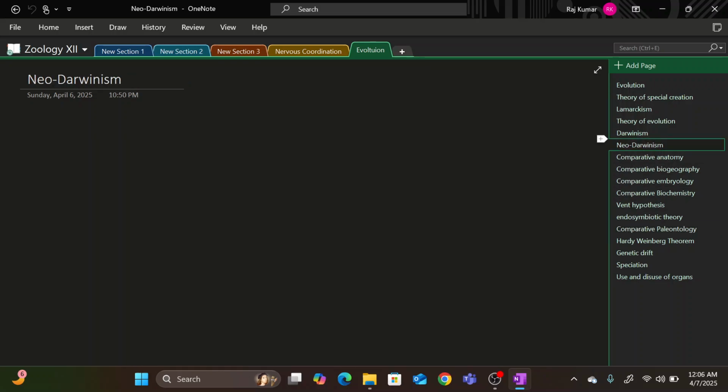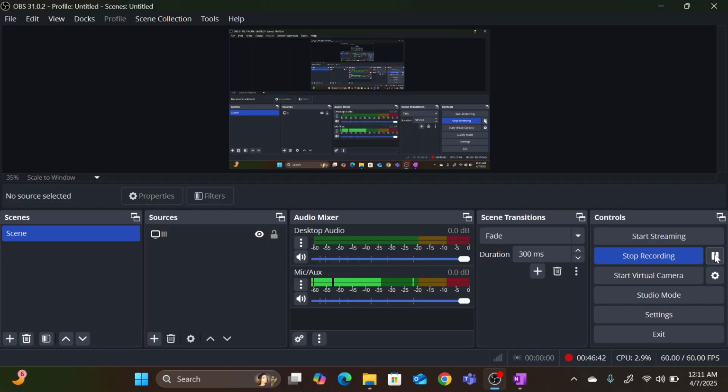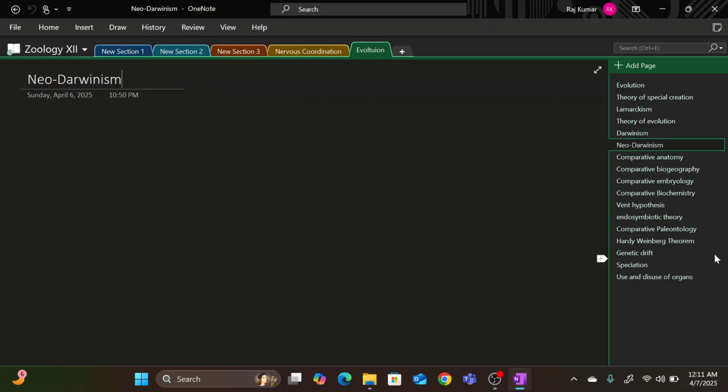Alright, so now let's come back to the next theory, which is neo-Darwinism. It's again an important aspect. Neo-Darwinism tells us about a very, very important aspect of evolution. It rests on the fact that Darwin's theory of natural selection was out of the scope of genetics.